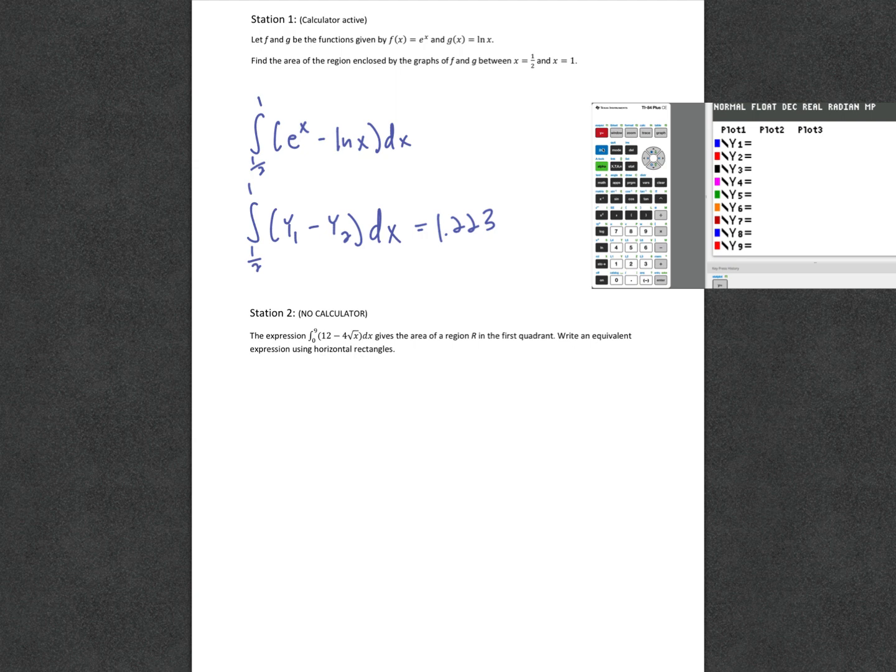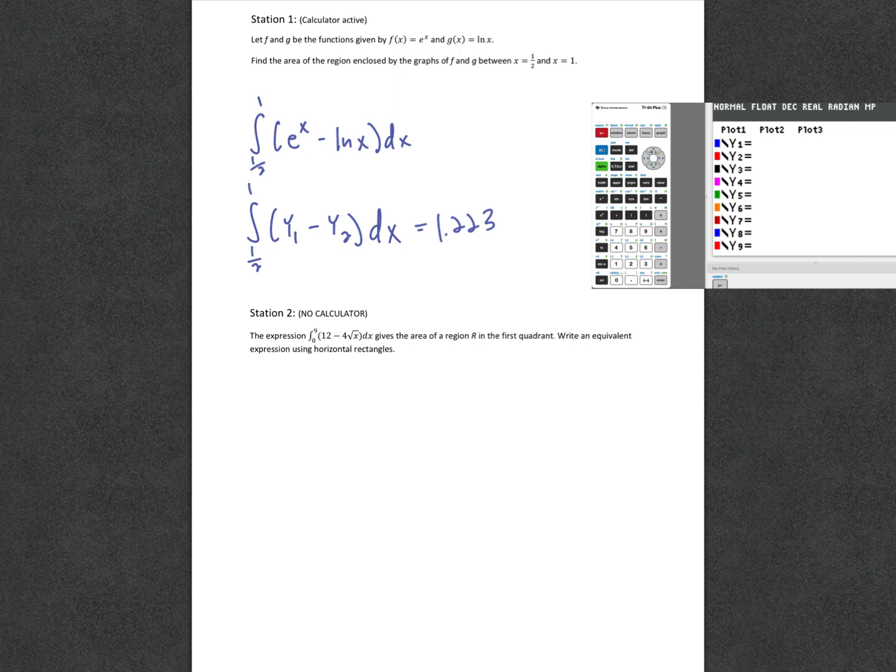Right now you can see this is a dx, and these functions are in terms of x. This would be y equals 12, y equals 4 root x, y equals something in terms of x. The limits are x values, and that's using vertical rectangles.